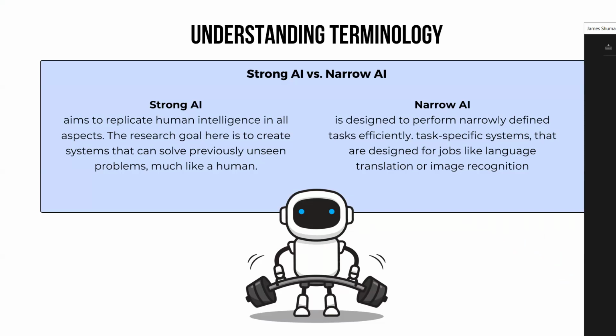Okay, let's begin by understanding some terminology. Strong AI aims to replicate human intelligence in all aspects. The research goal here is to create systems that can solve previously unseen problems just like a human.